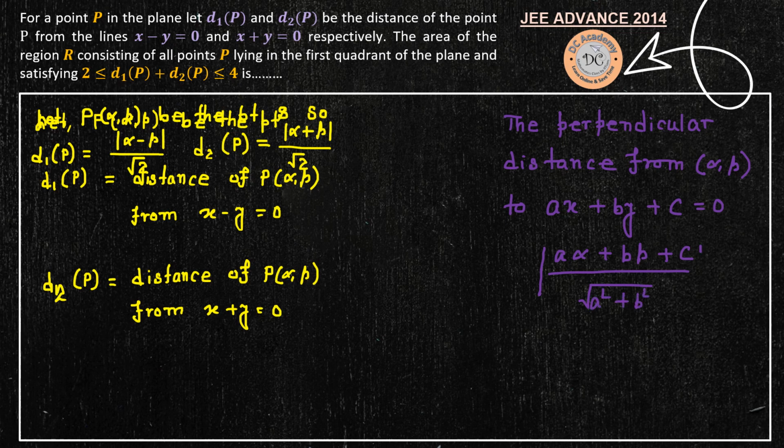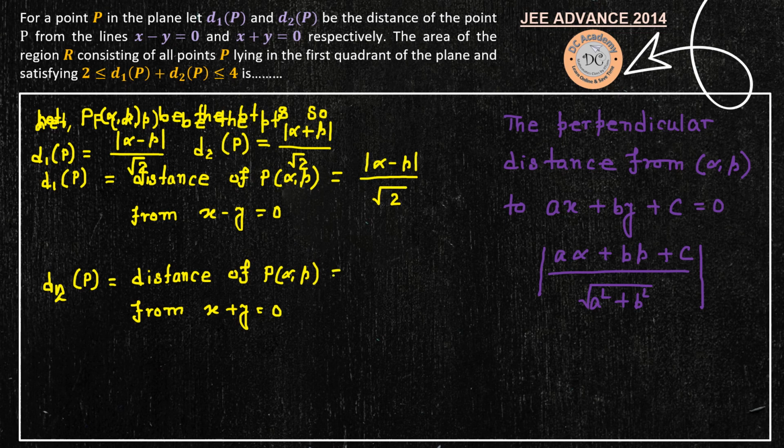That's the formula. So if we go ahead, we can easily find D1P. Here we can easily observe a is equal to 1, b is equal to minus 1, and c is equal to 0. So it is mod of (alpha minus beta) divided by root 2, with a modulus sign.